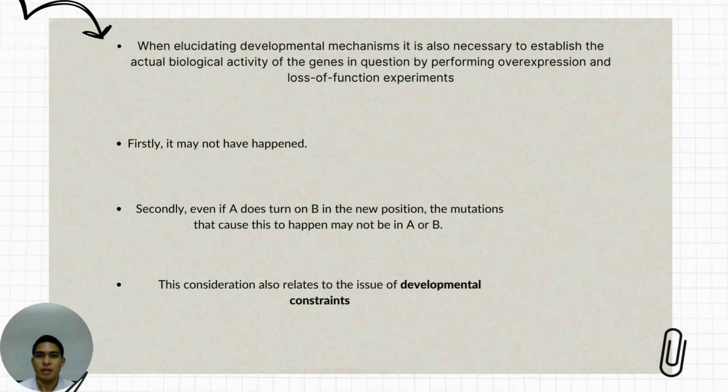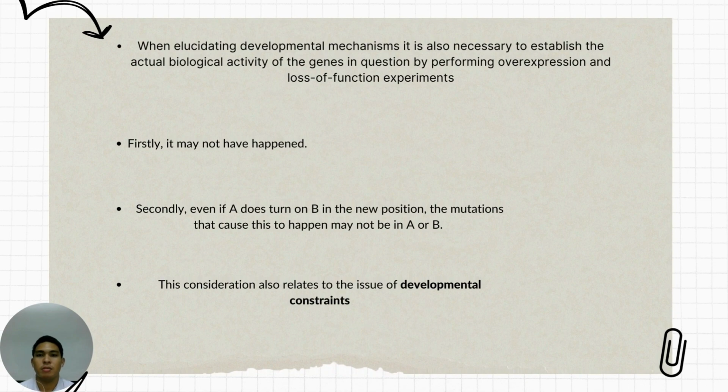In elucidating developmental mechanisms, it is also necessary to establish the actual biological activity of the genes in question by performing overexpression and loss-of-function experiments. This may sometimes be difficult as the organism under study will not be the standard laboratory model, and so it may even be difficult to obtain embryos, let alone perform successful experiments on them.